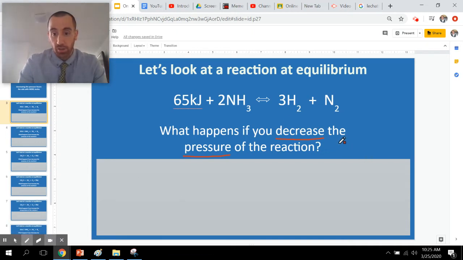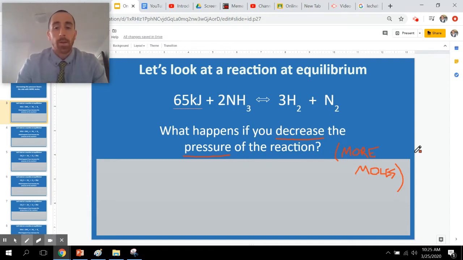I'm going to write that down. More moles. Okay, so now we've got to determine which side has more moles, which side has fewer moles, and we're going to shift to the side with more moles. Pretty straightforward. Once you make this first connection, these questions are easy. I don't think a lot of students actually make that connection.